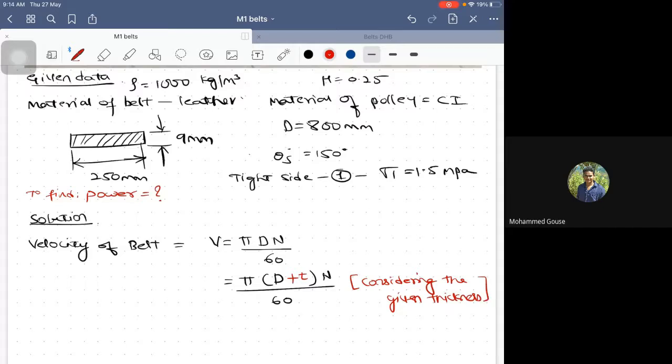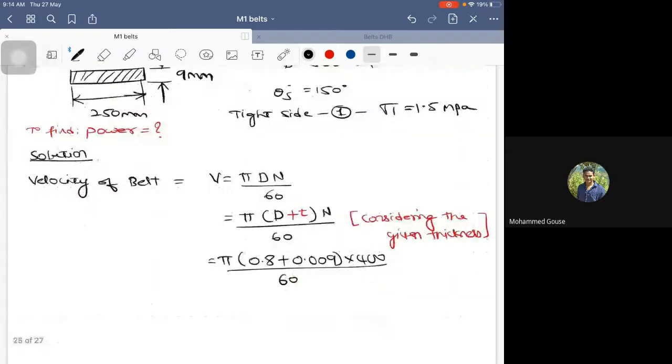Now substitute all the values in proper units. So pi, substitute in meters: D is 800 mm, in meters it is 0.8, plus thickness 9 mm, in meters divided by 1000, 0.009. Check this value for its correctness, into 100 divided by 60. Now, what value of V will you get?